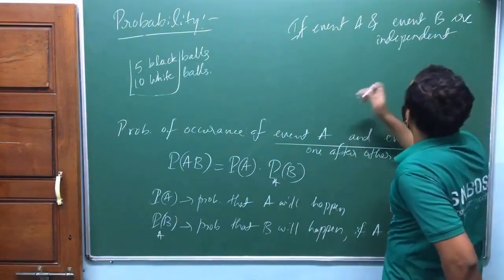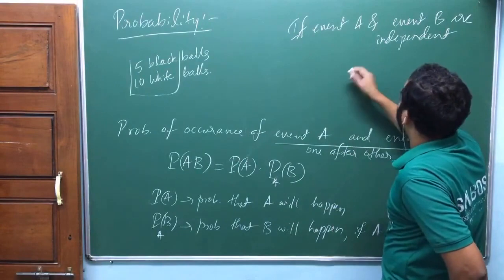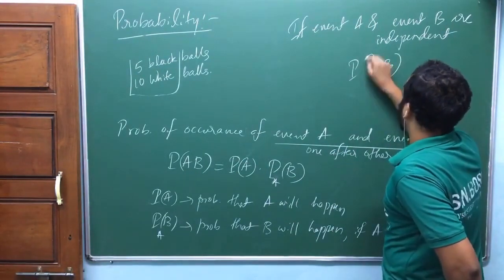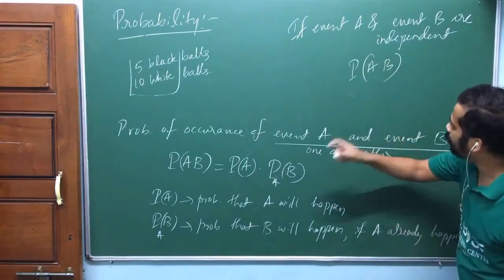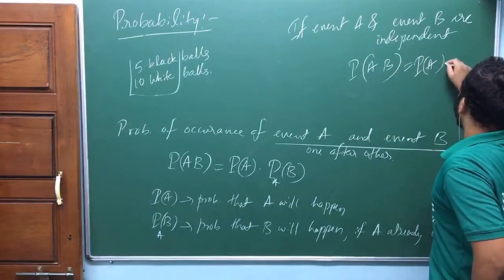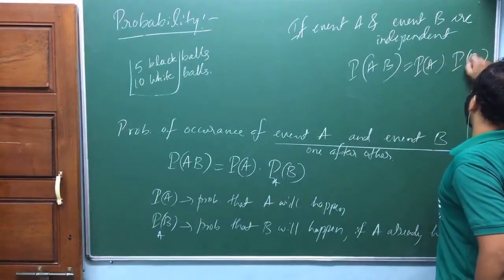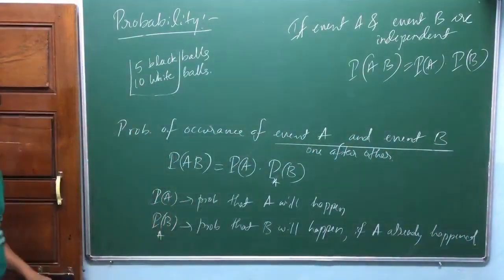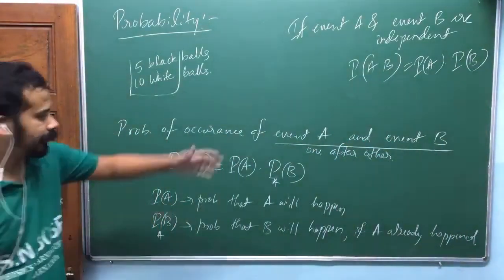So if event A and event B are independent, then probability of occurrence of event A and event B, that's equal to probability of A into probability of B. We don't have to quote that one if they are independent. Okay. That's a special case of this one.